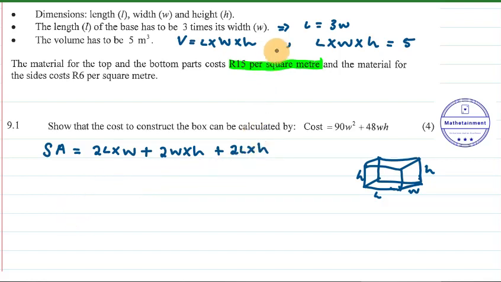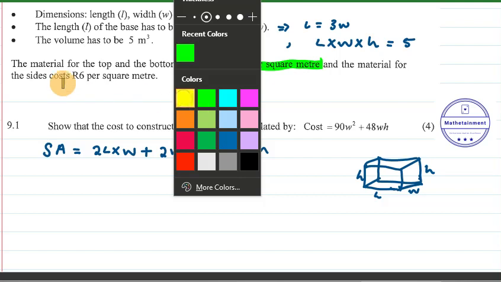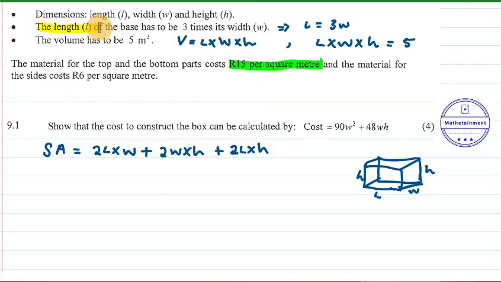The information given to us tells us that the length of the base has to be 3 times its width, which means length can be written as 3 times width. So we go back here, where you see length, you replace it with 3W.